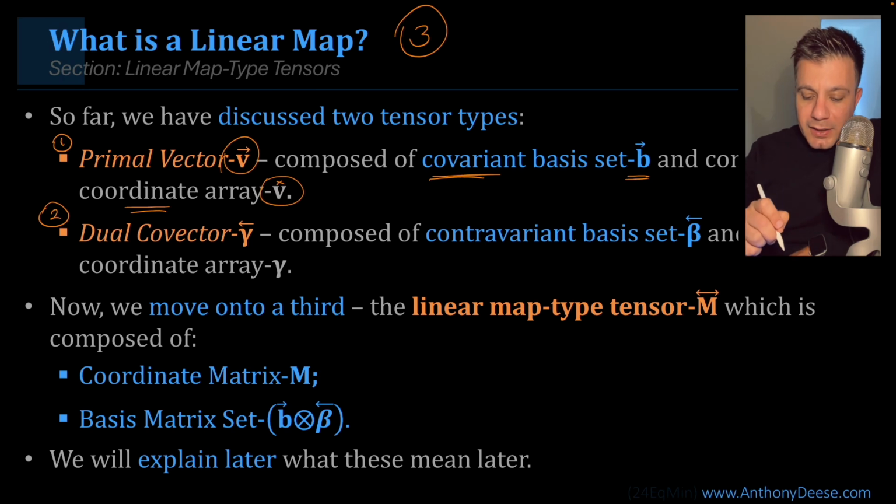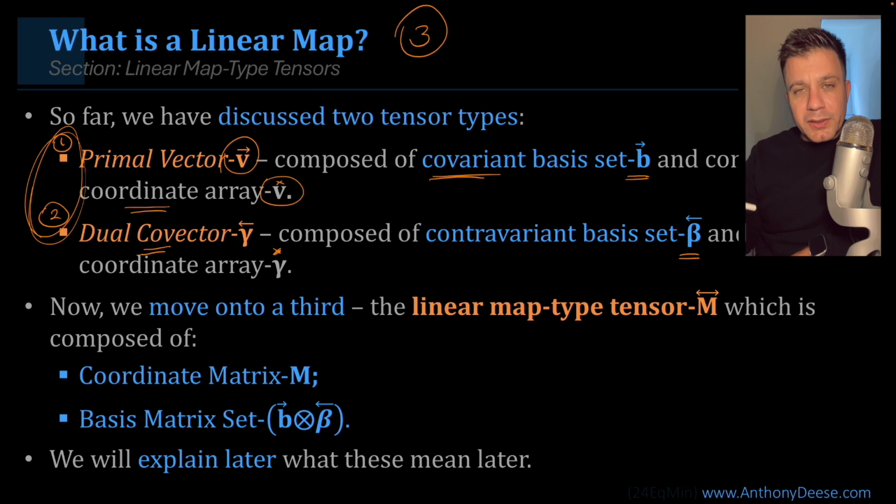The second type of tensor is the dual vector or the covector. It's composed of a contravariant basis set beta, left facing arrow hat, and a covariant coordinate array gamma, no arrow hat. So we see a common theme here that both of these tensors can be composed of some coordinate set as well as some basis set.